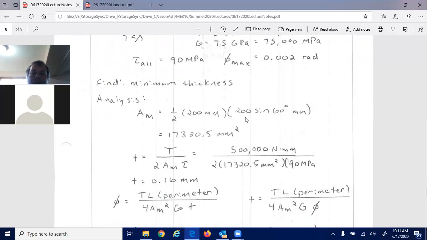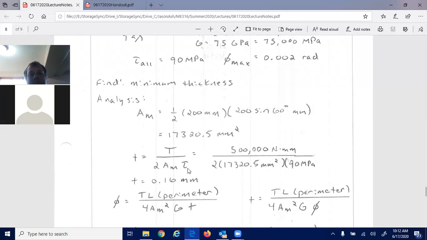So the height is 200 times the sine of 60, with that being an equilateral triangle. Will give us a mean area of 17,320.5 millimeters squared.